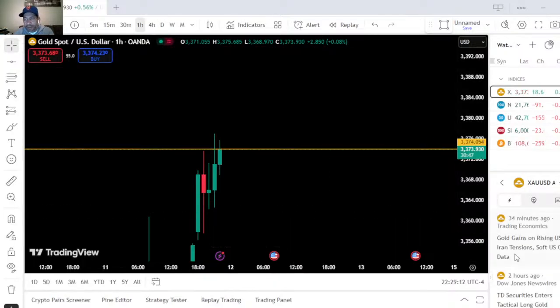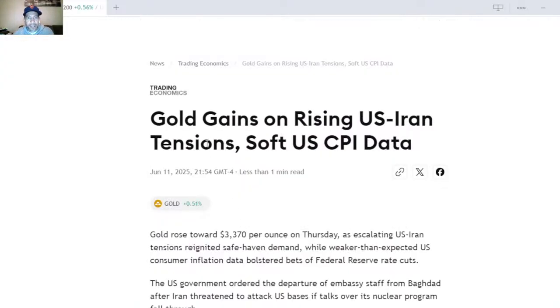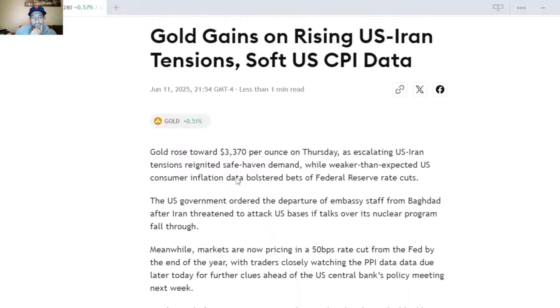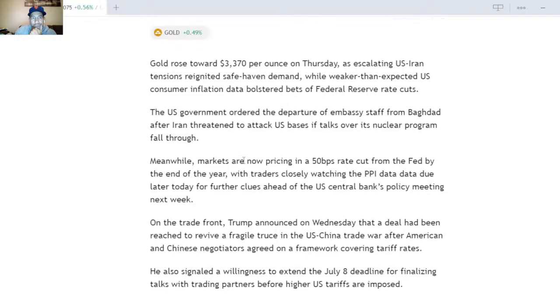What's this talking about? Oh, let's take a look at this. Gold gains on rising U.S.-Iran tensions. Ooh. Okay.